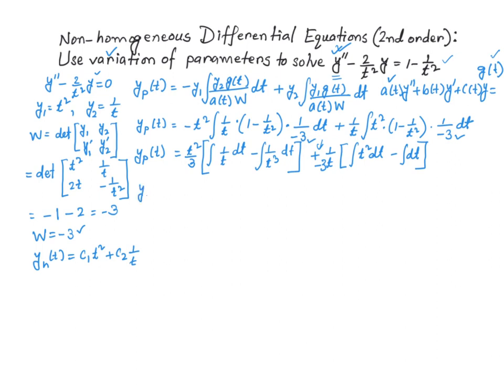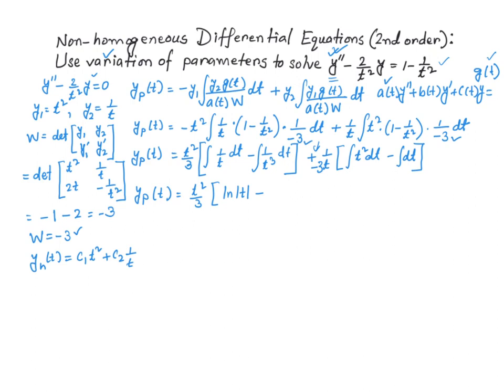So y sub p of t is equal to t squared over 3 times the integral of 1 over t dt, which is just ln of absolute value of t, minus t to the power negative 3 plus 1 divided by negative 3 plus 1. So it's going to be positive, 1 over 2t squared.